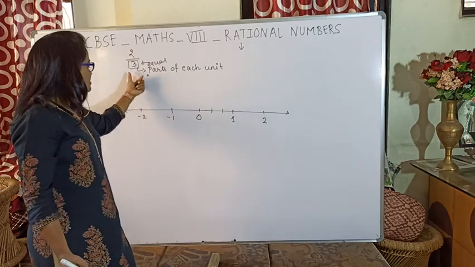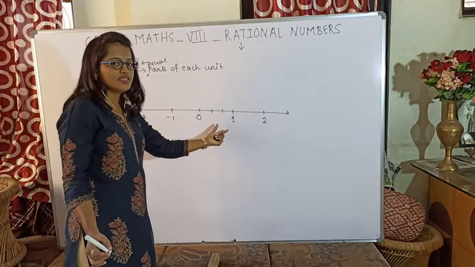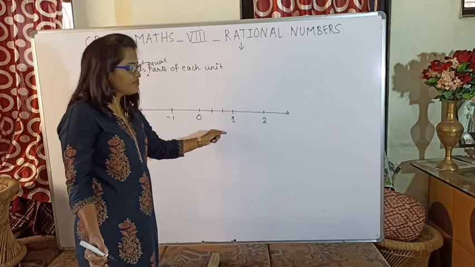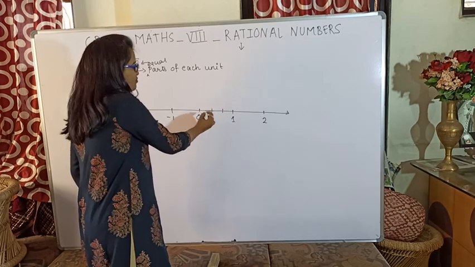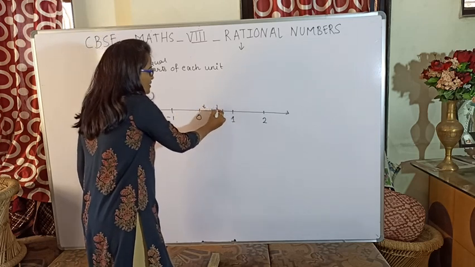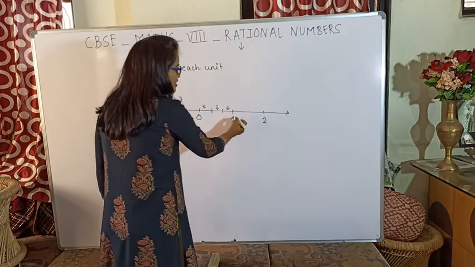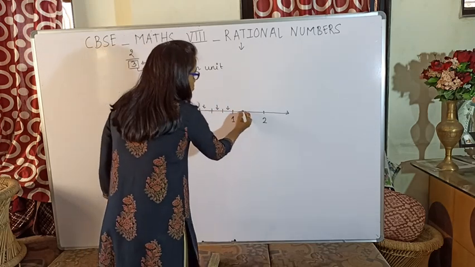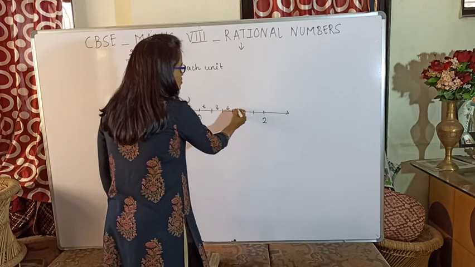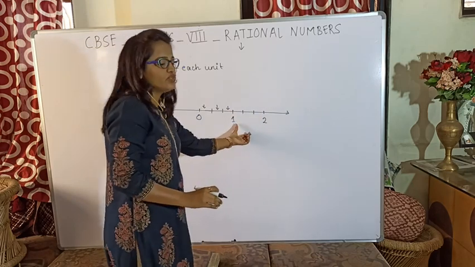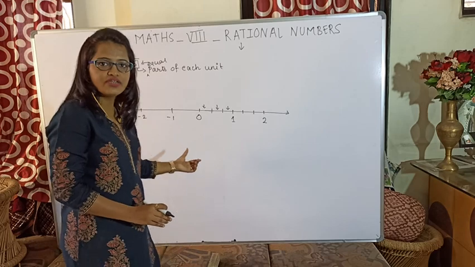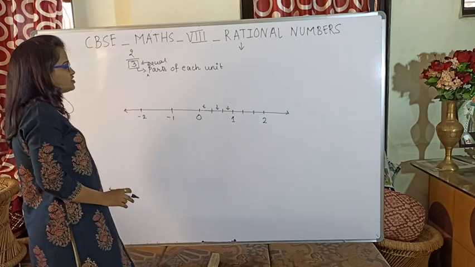So since here the number is 3, I will be making 2 lines. Why? Because then ideally I will be getting 3 parts. So this is my first part, this is my second part, and this is my third part. Similarly, between this unit also, 1, 2, so again 3 parts. Each unit has to be converted into 3 parts. So this becomes my first step.